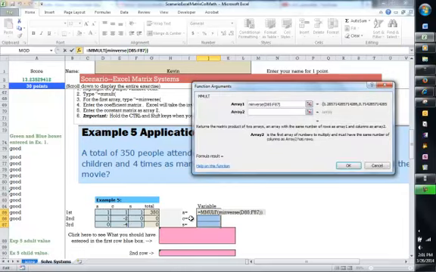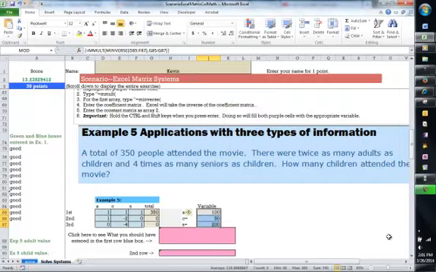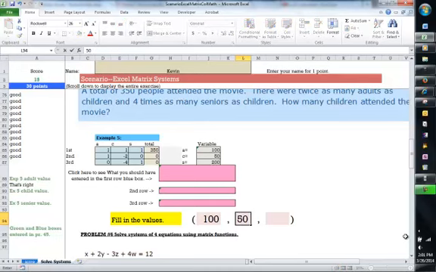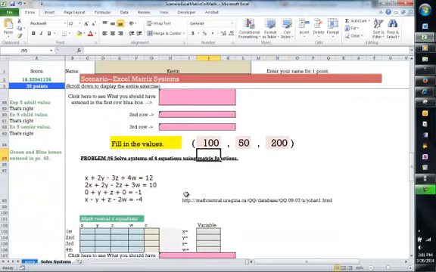Our second one is our constant matrix, and when we press Control Shift Enter, it tells us our variables are 100, 50, and 200. Now you can use 4 equations for your problems also. Let's look at this next one.